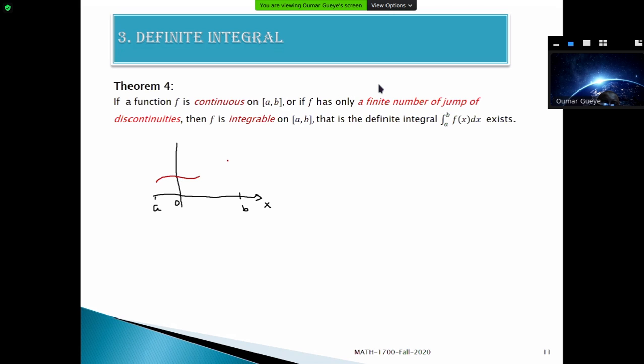Such a function is always integrable over the interval [a, b]. That's the meaning of this theorem. If your function f is continuous over [a, b], it is going to be integrable on that interval. Now the discontinuity case looks like this.